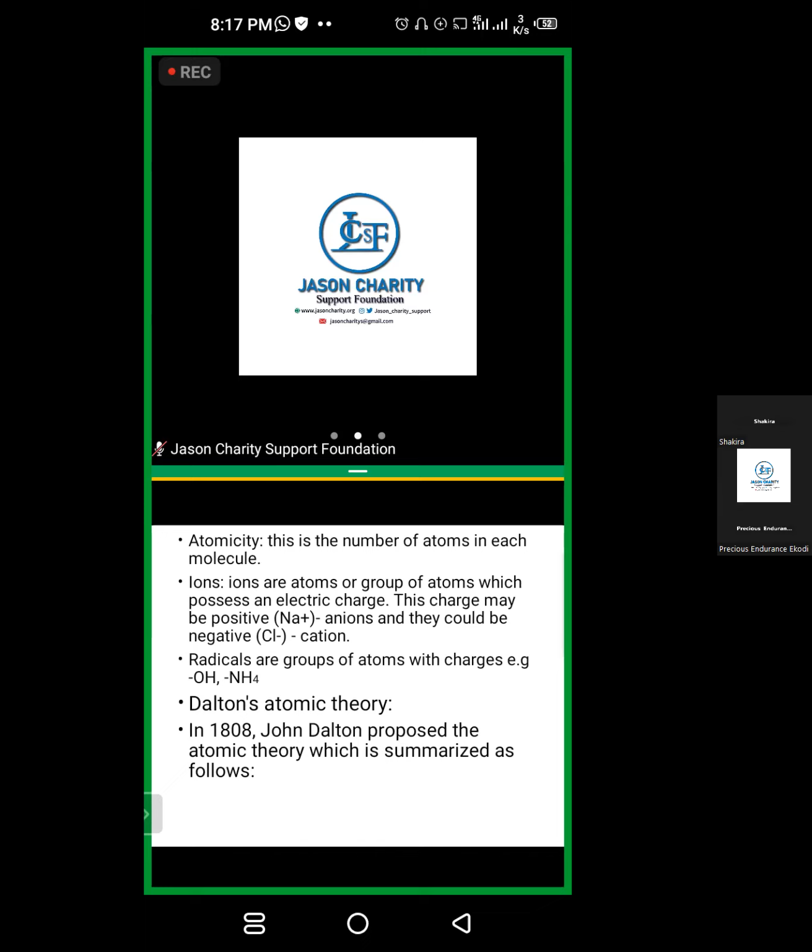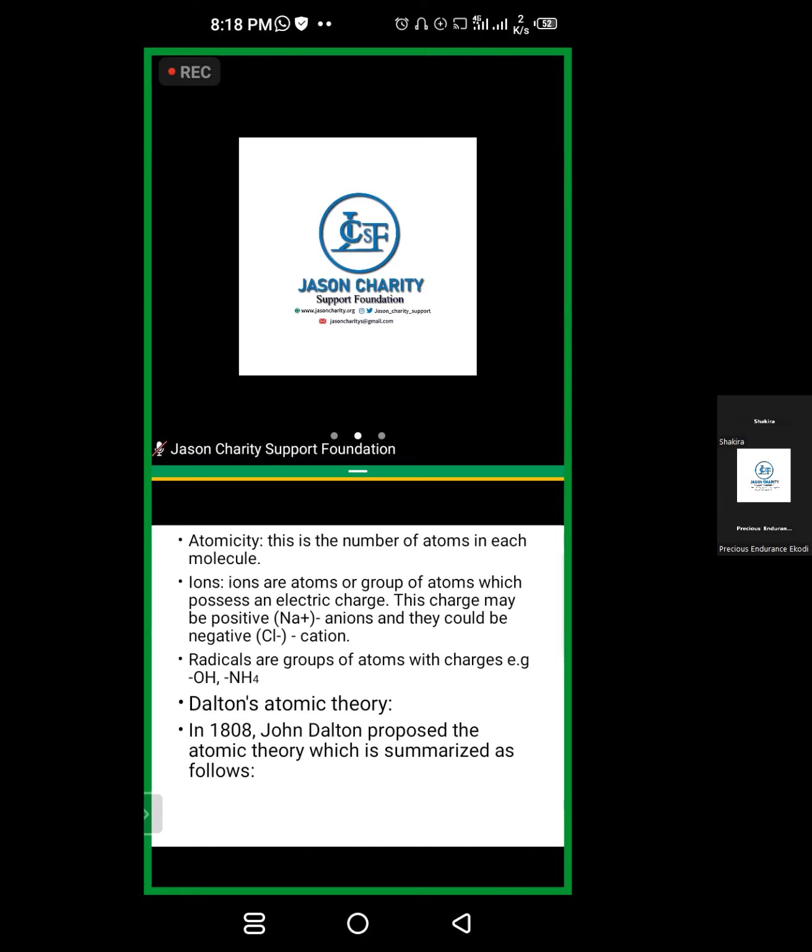It's oxygen and hydrogen combined together. That would have been what you have called a molecule or a compound, but it has a negative charge. And we have the ammonium ion too, having a positive charge there. So we would have called this a compound, but now because it has a charge, it is a radical.